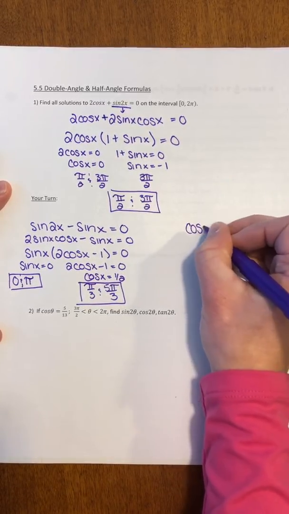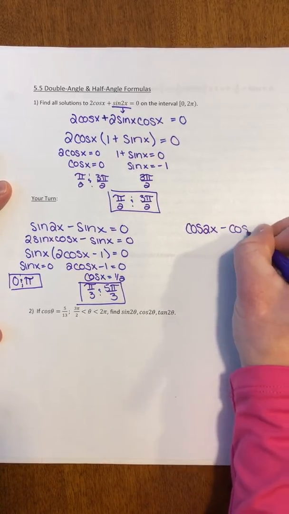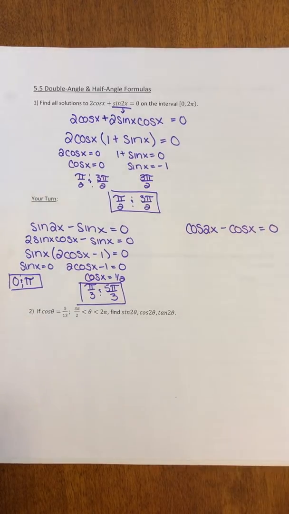So I want to talk through how you would go about choosing your option. Cosine 2x minus cosine x equals 0. When I look at the cosine equations, there are 3 that fall under the cosine of 2u. So I can either do cosine squared minus sine squared, 2 cosine squared minus 1, or 1 minus 2 sine squared.